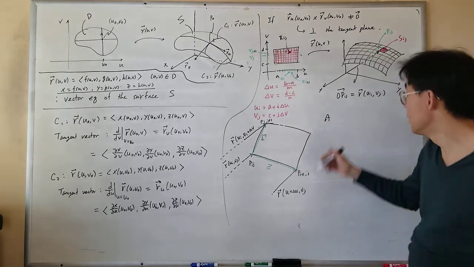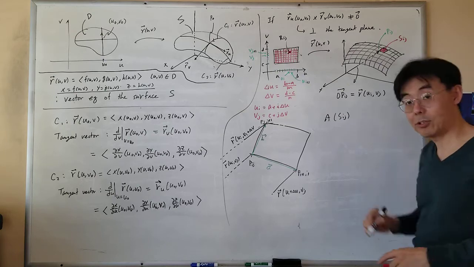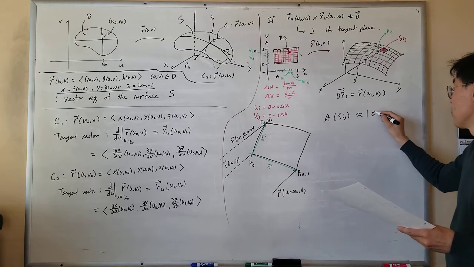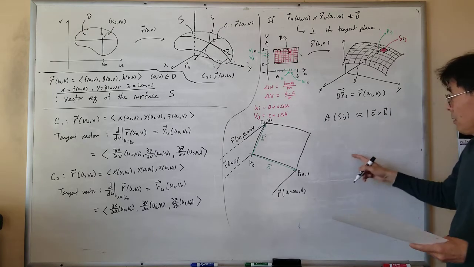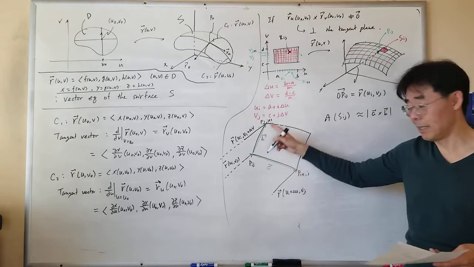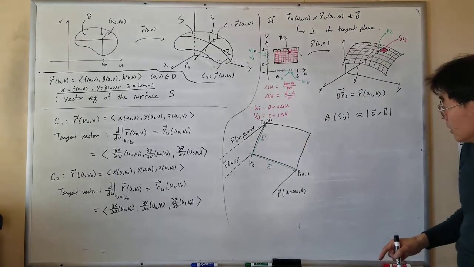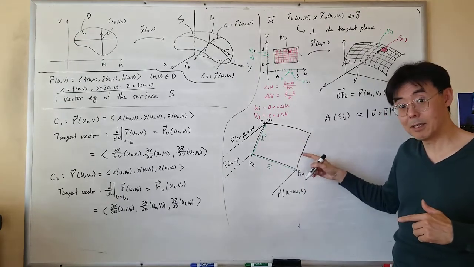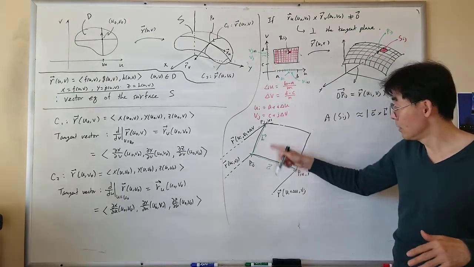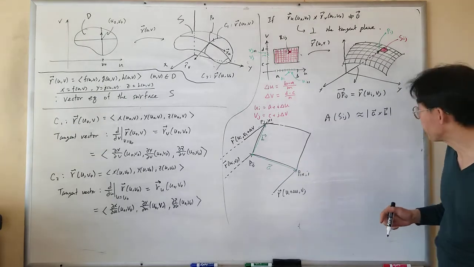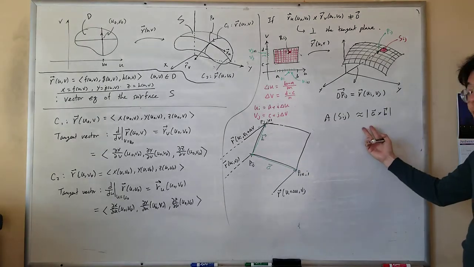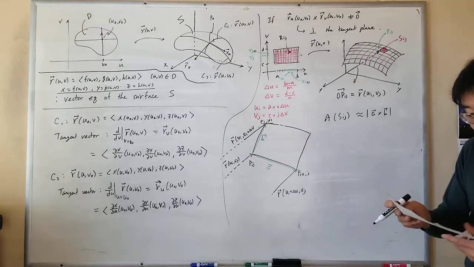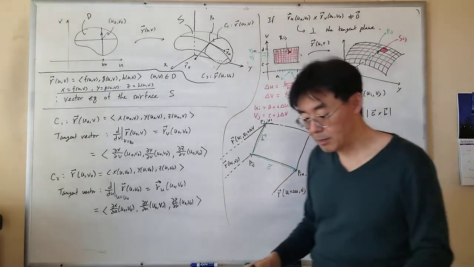The area of the ij patch of the surface will be very closely approximated by the area of the parallelogram generated by A and B. You know that for the parallelogram generated by vector A and vector B, the area is the magnitude of A cross B, because the cross product is magnitude of A times magnitude of B times sine theta. That's the exact formula of the area of a parallelogram.